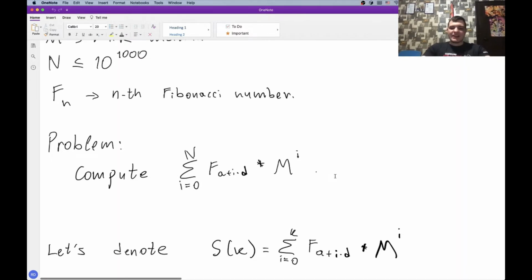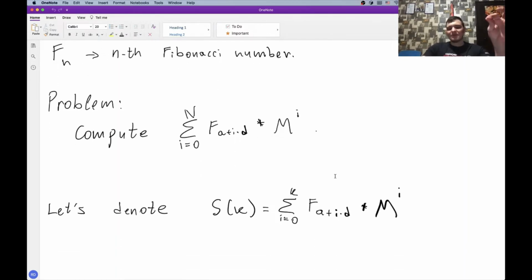To make our lives easier, let's denote the prefix sum up to position k as s of k. So s of k is basically this summation, but for the first k positions. And obviously then our answer is simply s of n.